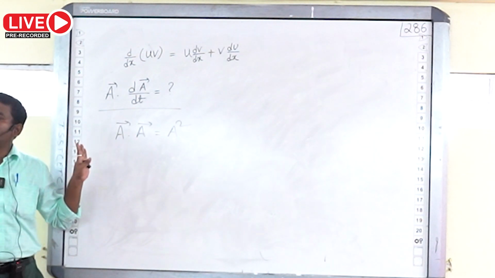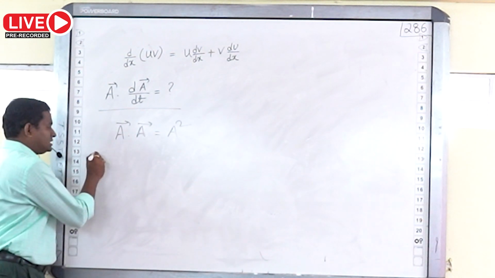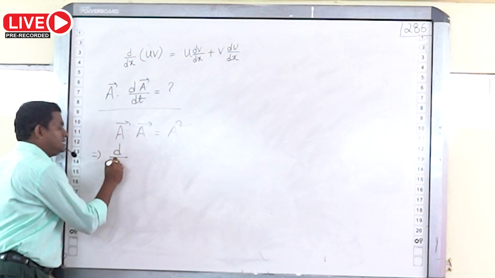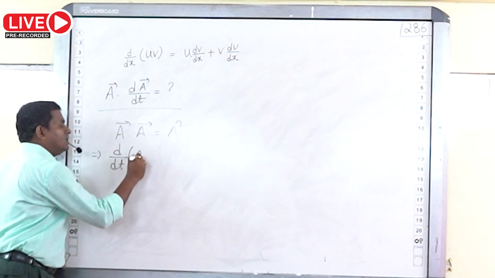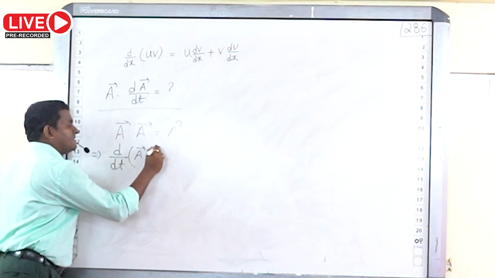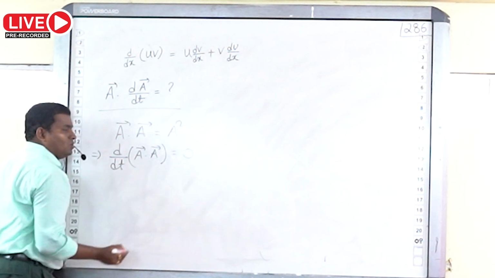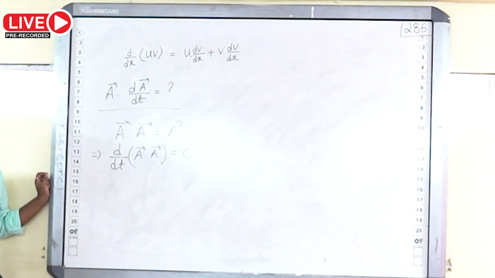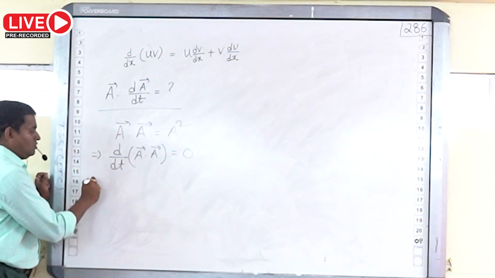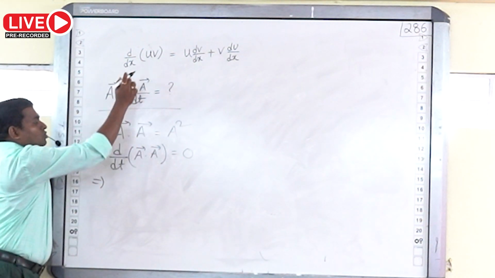So I will take the derivative with respect to time. ddt of A dot A is coming 0, because derivative of constant quantity is 0. Now, use this rule.